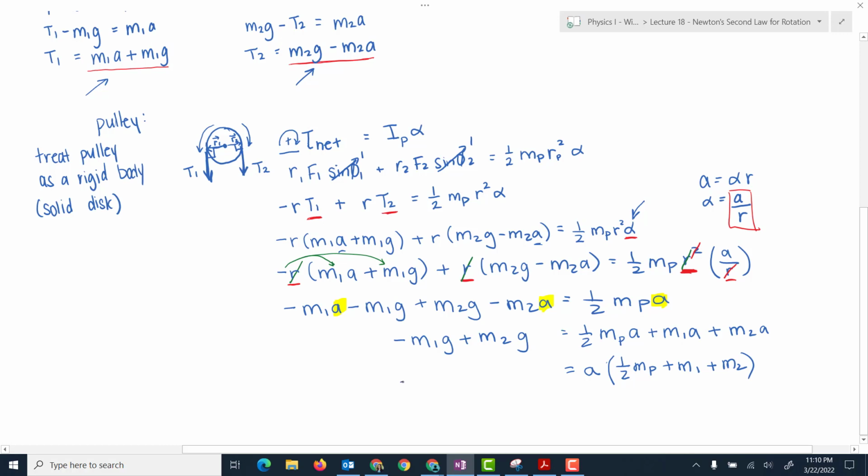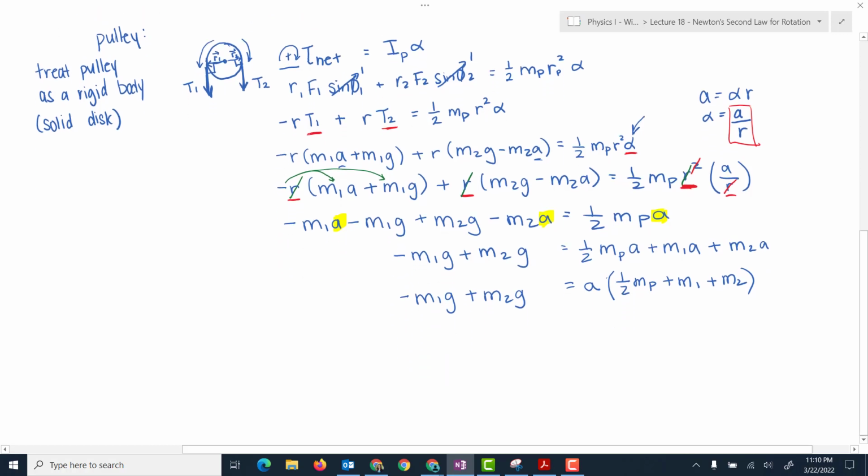And on my other side I have negative m1g plus m2g. And now I can solve for a by dividing both sides by this bracket over here. So I have a equals negative m1g plus m2g over 1/2 mp plus m1 plus m2.